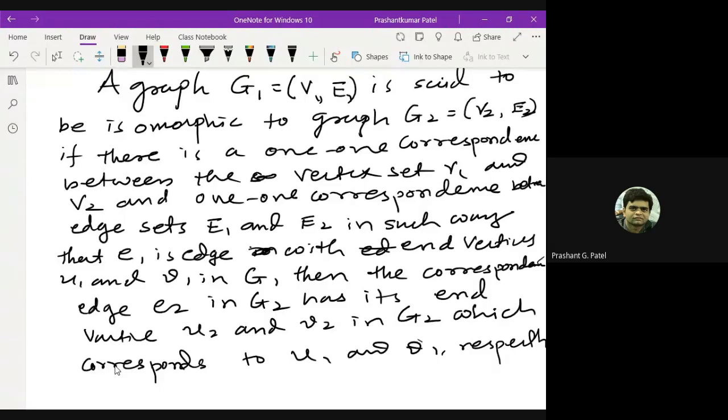Such a pair of correspondences is called an isomorphism.